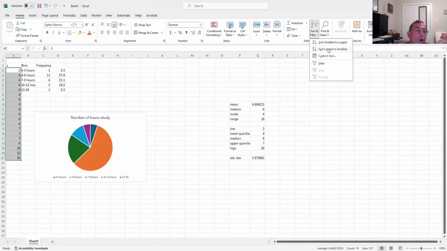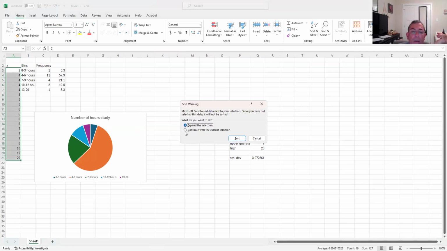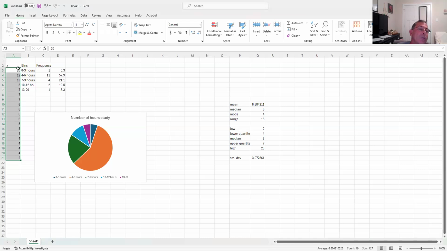So I can go from largest to smallest, and then always choose continue with my current selection. So now it's going from 20 down, okay? That little AZ is putting stuff in order. Because if you notice when I started, I had my data like 2, 6. I wasn't in order here, okay?